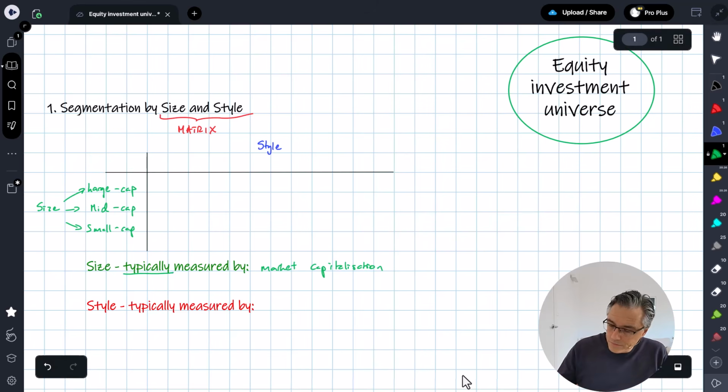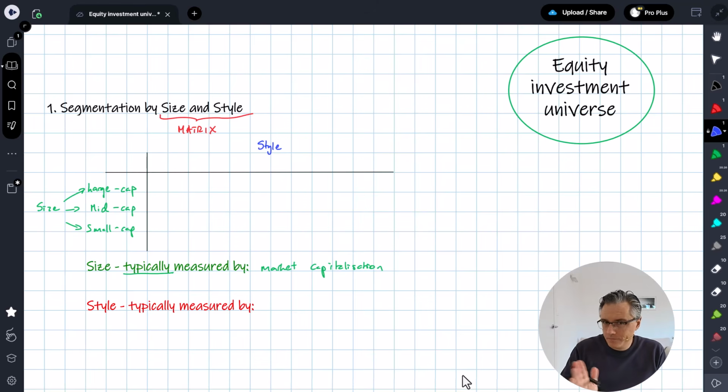On the other hand, in the columns we've got style, and this is not as easy to measure, or not as easy to really place a company into one of the so-called styles. What we typically distinguish is so-called value stocks on one end of the spectrum, and growth stocks on the other.